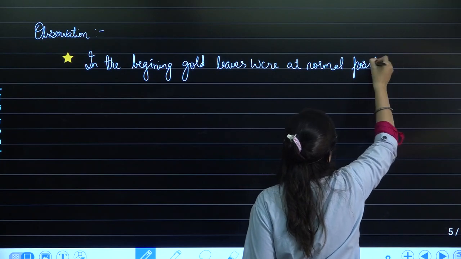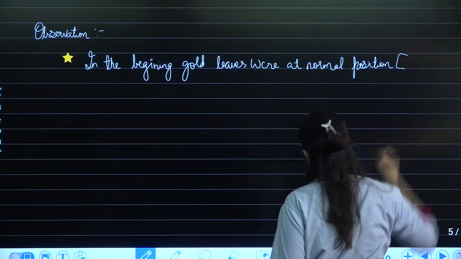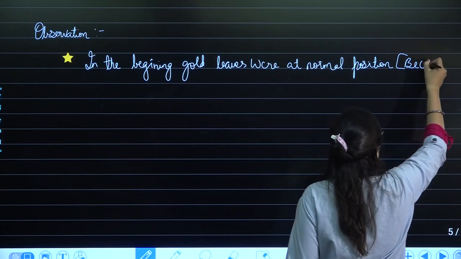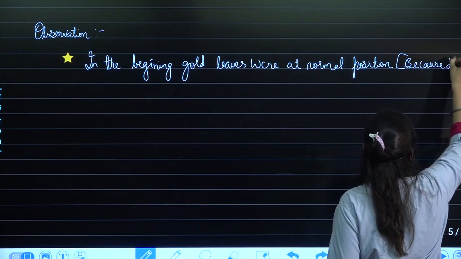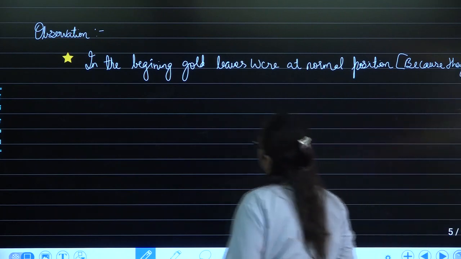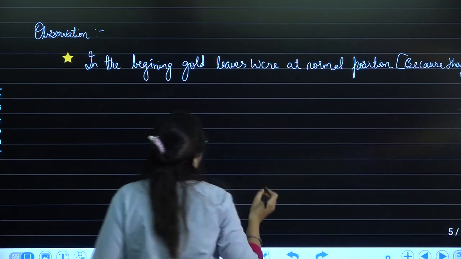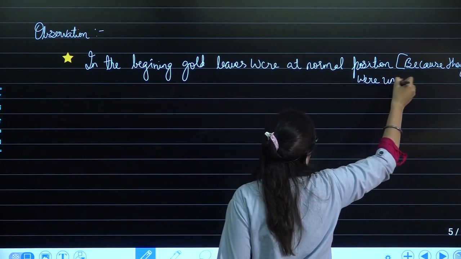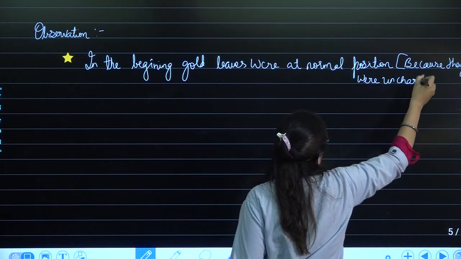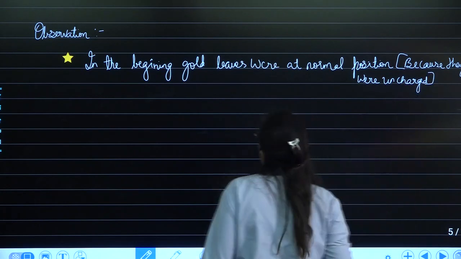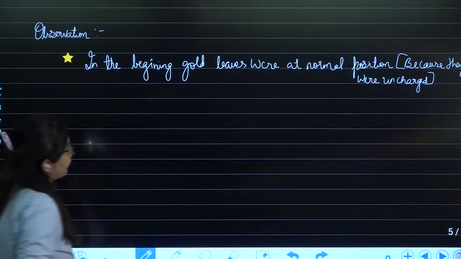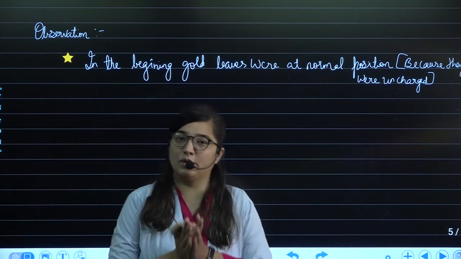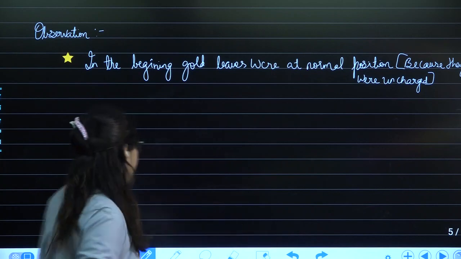This is because they were uncharged. Next, what happened? When the ebonite rod was brought near it, the gold leaves diverged.